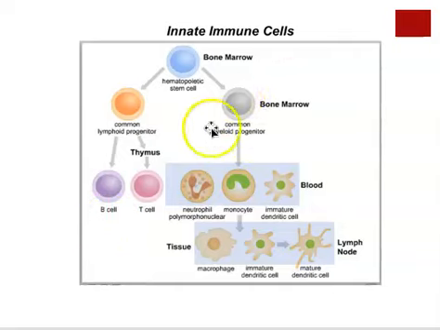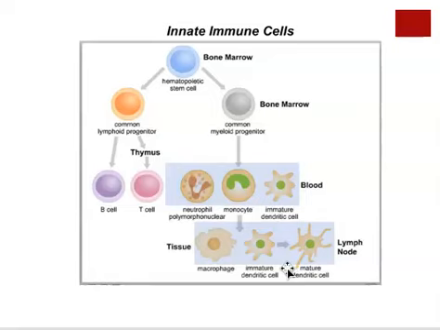The myeloid progenitor gives rise to the cells that we think about in the blood that are the white blood cells. For example, the neutrophil, the monocyte, and this is the dendritic cell. The myeloid progenitor also gives rise to white blood cells that live in the tissue.